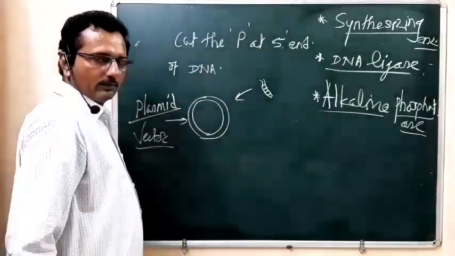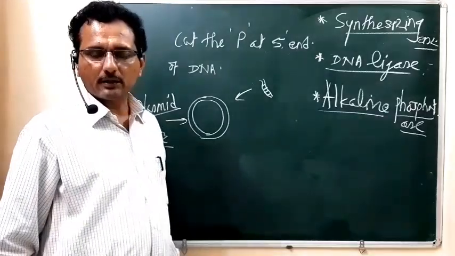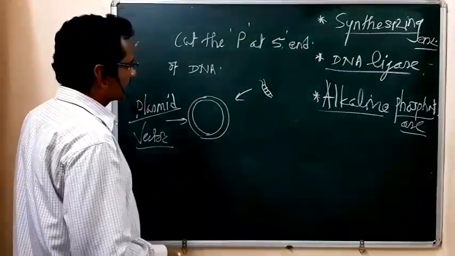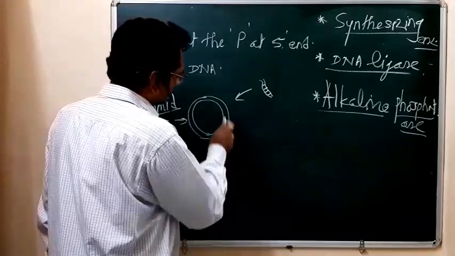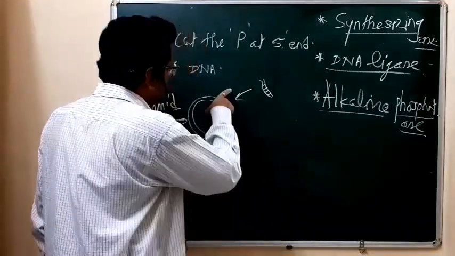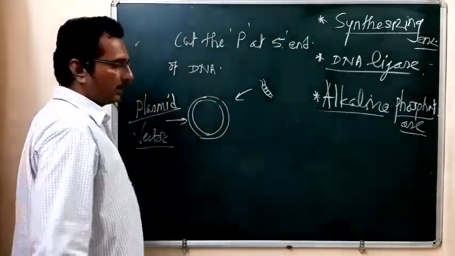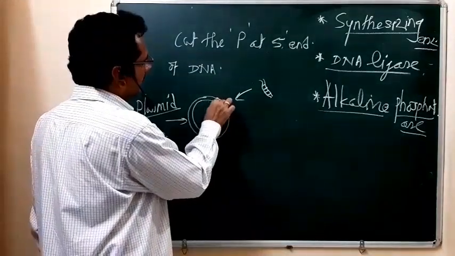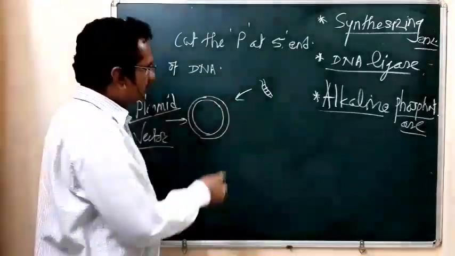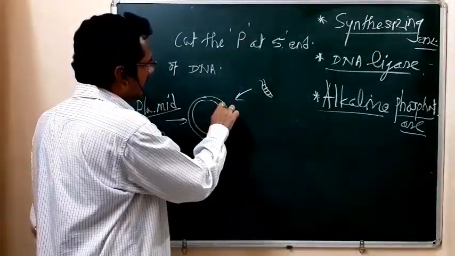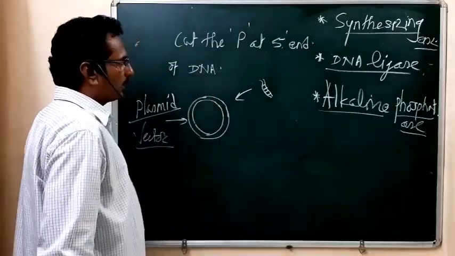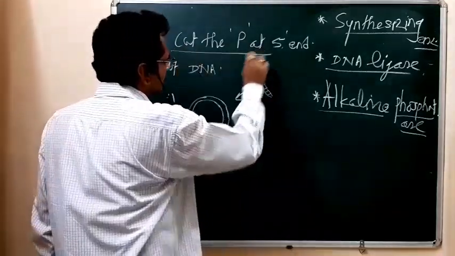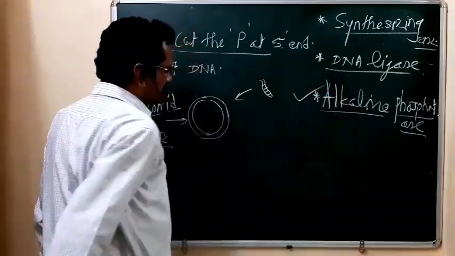Then we have to take a cut with the help of the restriction endonuclease. But when we make a cut in the vector with the restriction endonuclease, the cut immediately joins again. So to avoid this, we use the alkaline phosphatase enzyme.